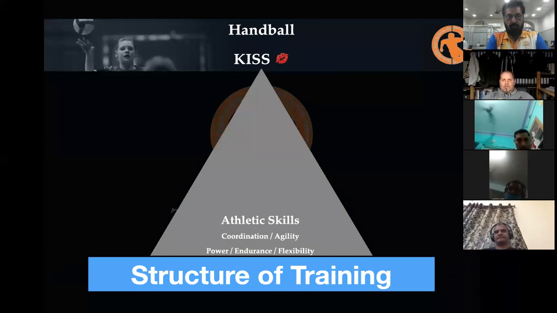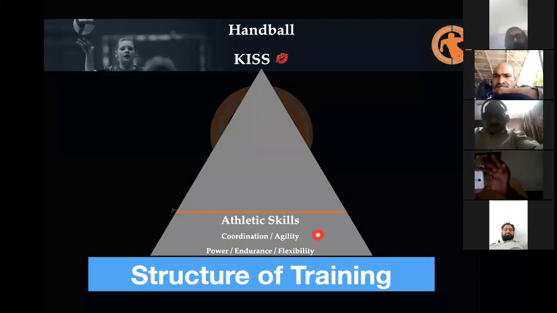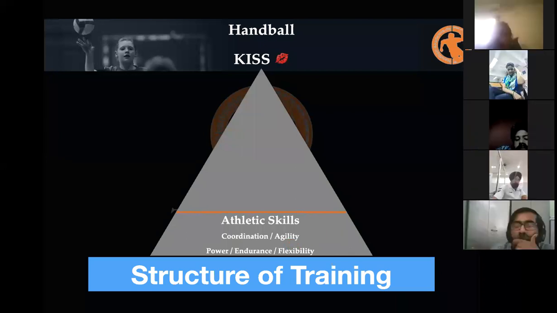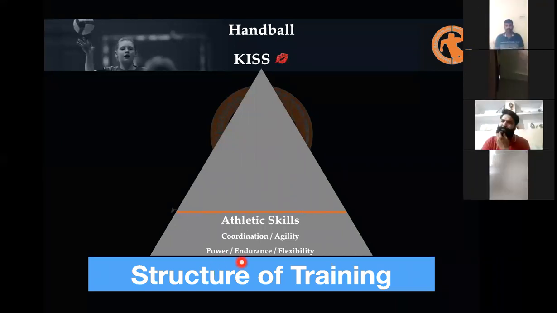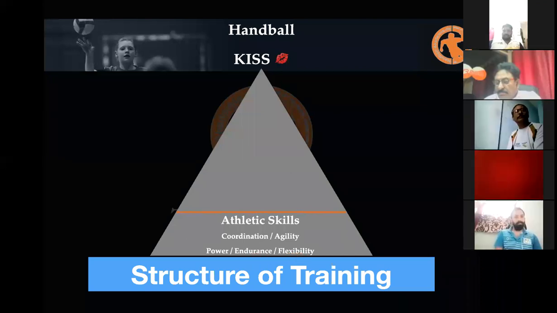This is the thing we need to work out with our players as a basis, especially coordination and agility. We talked about that. For all handball players are really important. The older they get, power and endurance, flexibility even too, belong to that athletic skills too. But if you start with the young categories, always focus on coordination and agility, very, very important.